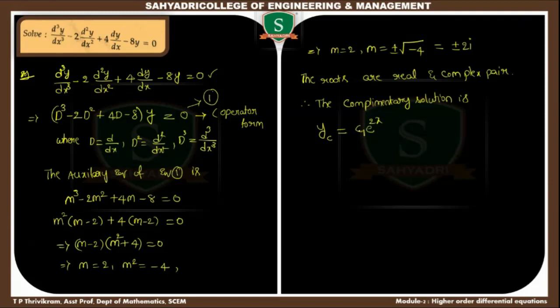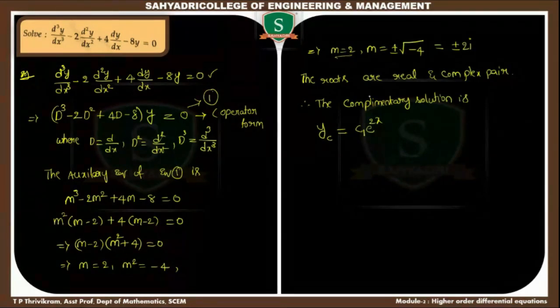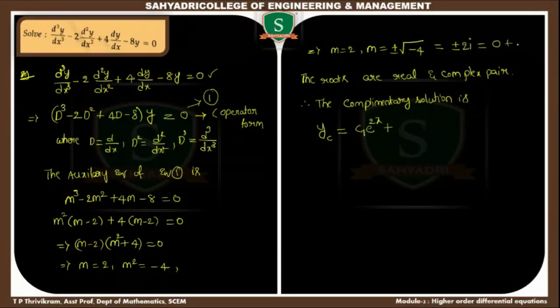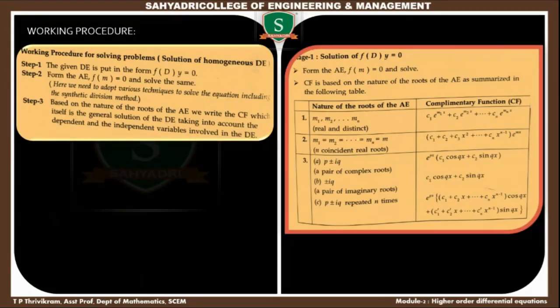First write c1 e power mx. Similarly, the complex roots can be written as 0 plus or minus 2i, so the real part of m is 0 and the imaginary part is 2.